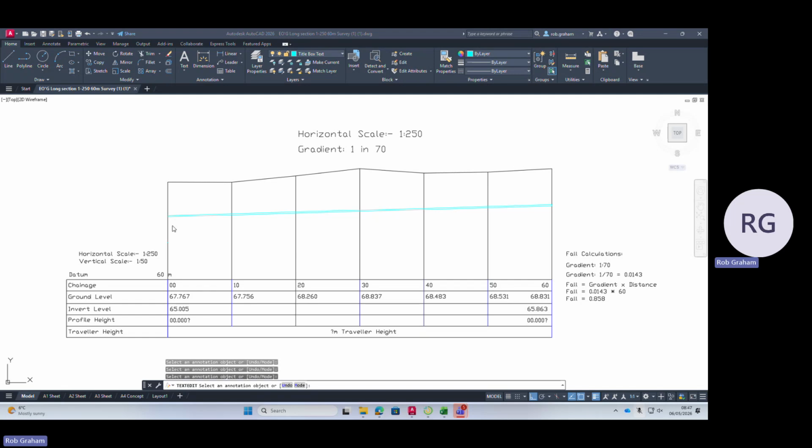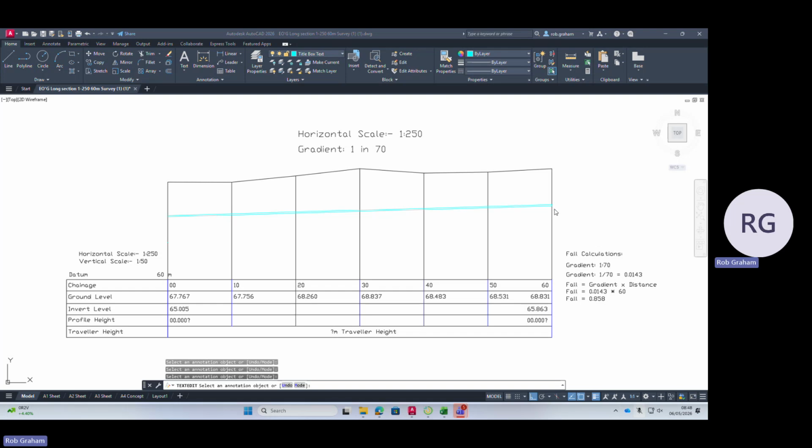Basically, in order to calculate your profile heights, you need to plot it on your invert level of your pipe, and I've calculated that from your individual calculations. So in this example here, the invert level down here at the septic tank is 65.005, and the calculated gradient has been added here, 65.863 at this one.